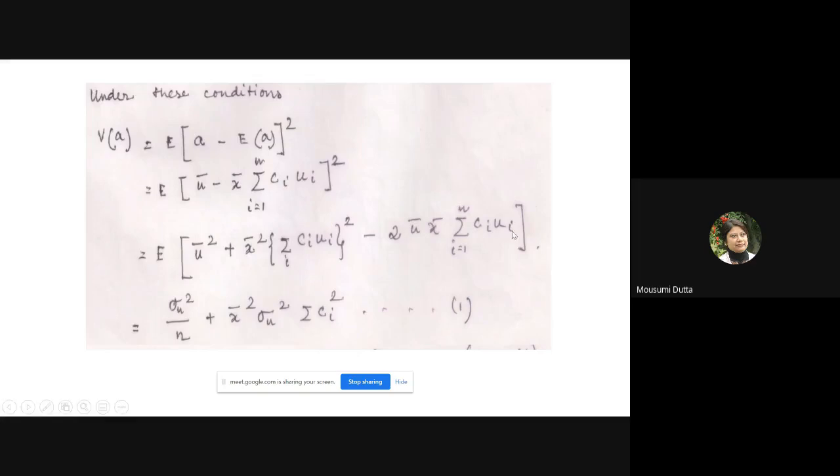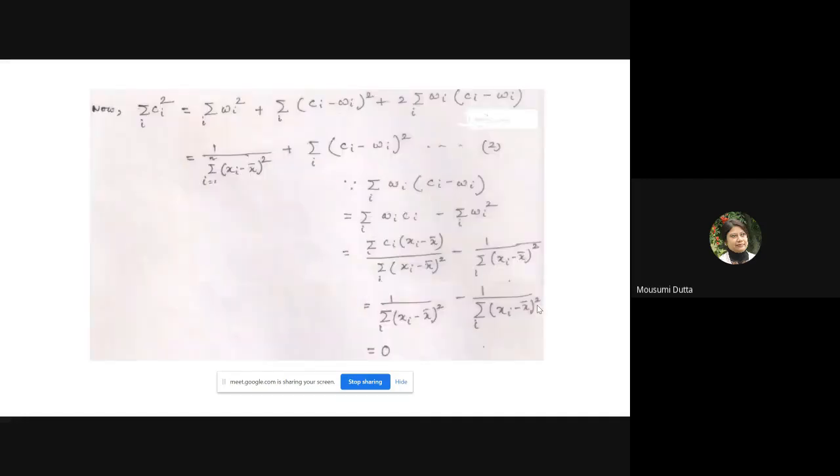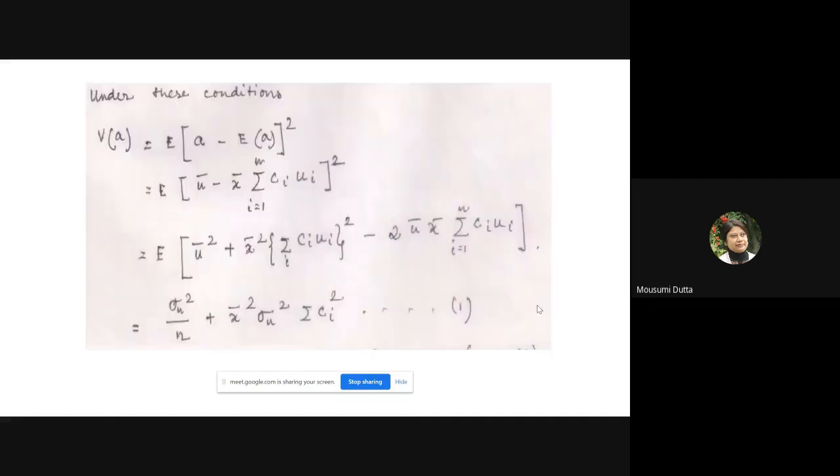Now for the last term, when you consider expectation of ui, that will be equal to 0, and the entire term will be equal to 0. So we are getting variance of A is equal to sigma square by n plus x bar square sigma square into summation Ci square.